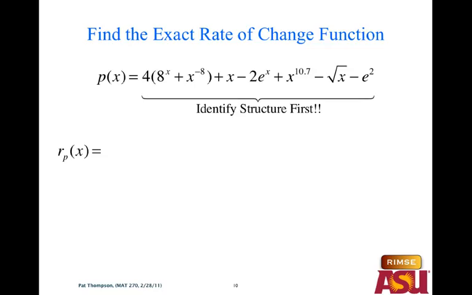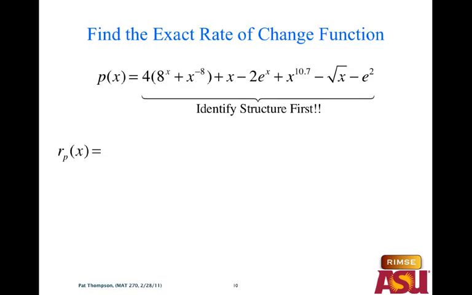Of all those rules that I just listed, which one matches the structure of this function P? Sum and difference rule? Agree? Yep. So the sum and difference rule means that we attack these one at a time.